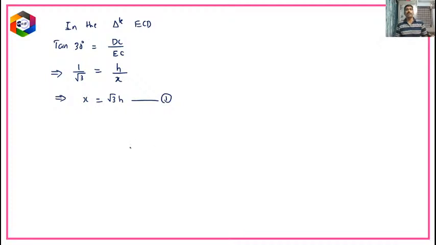So tan 30 value will be equal to DC by EC. Now DC is h and EC is x. We also know that tan 30 is equal to 1 by root 3. Now upon cross multiplication, x will be equal to root 3 h. So this is the first equation.